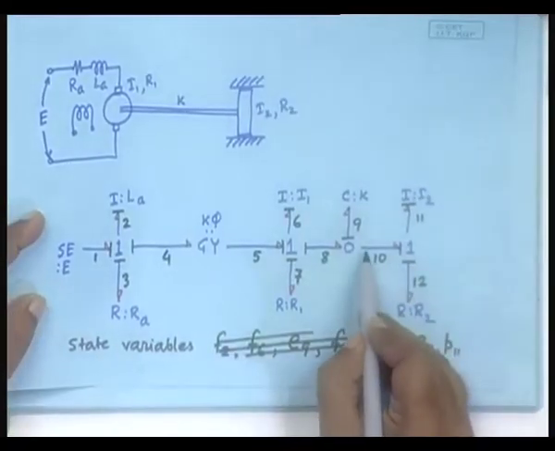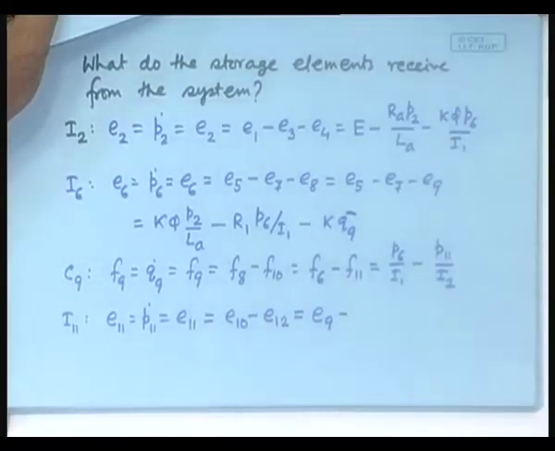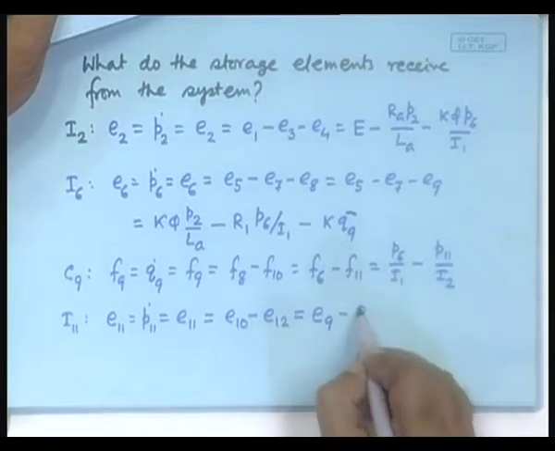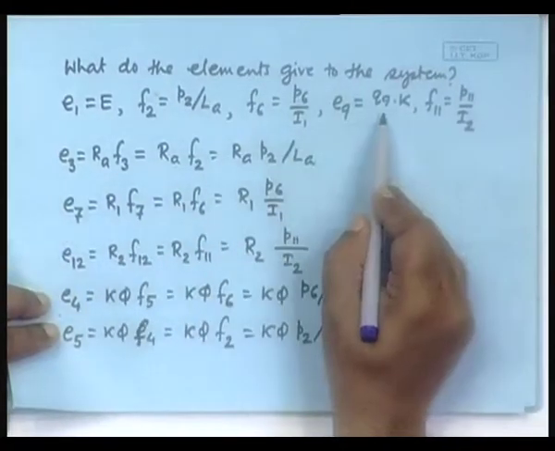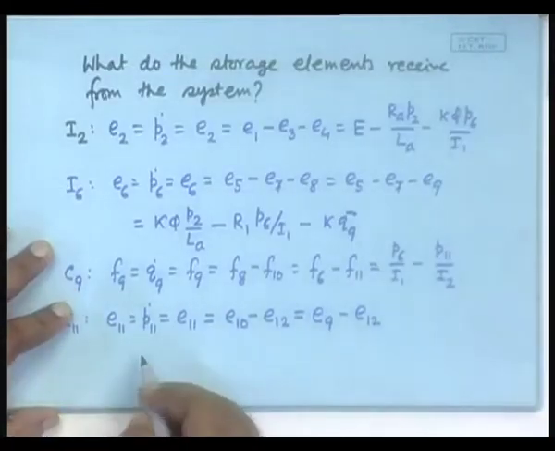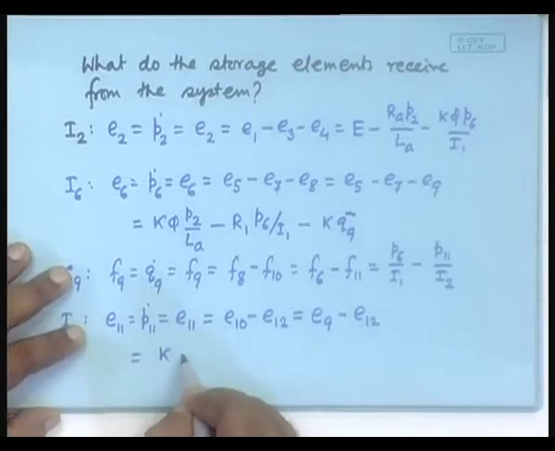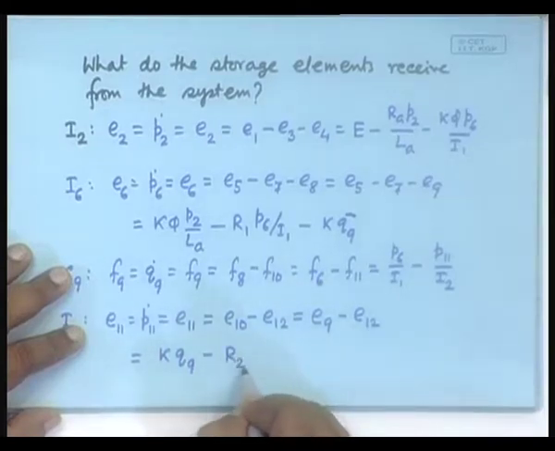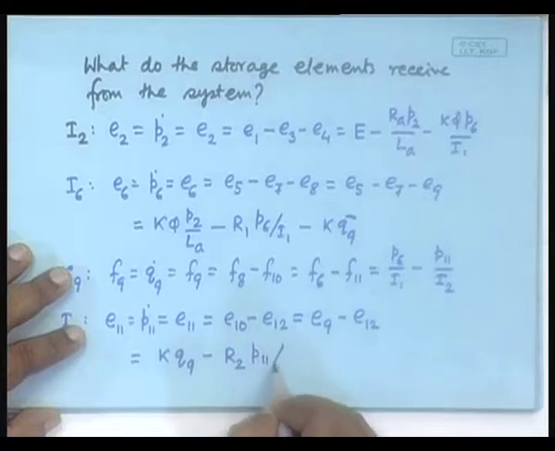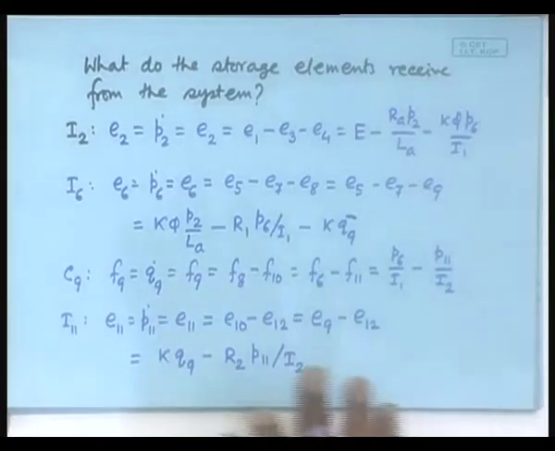E 10 is coming from E 9. So, E 9 minus E 12 should be directly available. E 12 is available and E 9 is here, put it in. So, you have E 9 is K Q 9 minus E 12, which is R 2 P 11 by I 2. So, these are the 4 equations done.